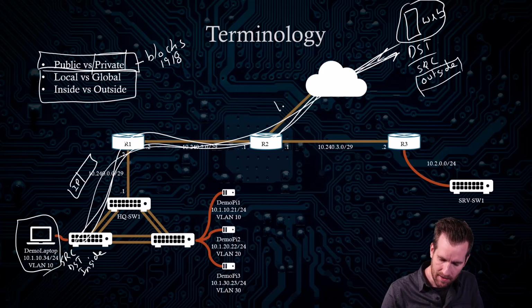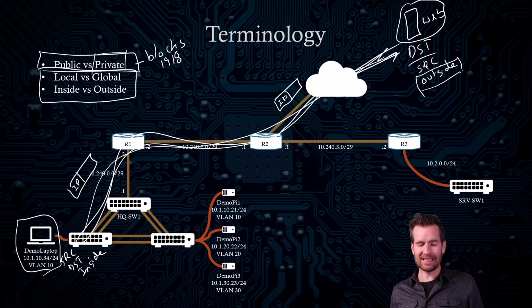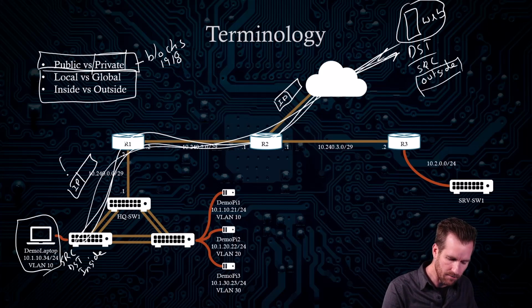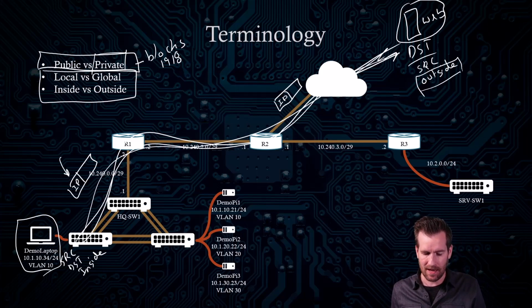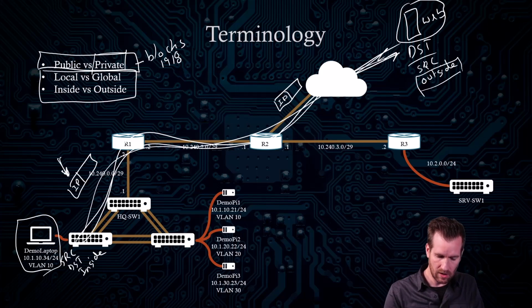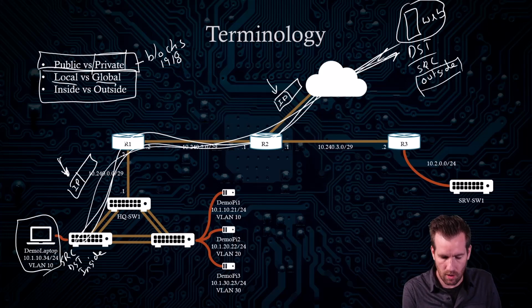And that IP header changes when it goes to the outside, all right? So what we actually needed to do is define what IP addresses we find in this IP header on the local versus the IP headers that we find on the global. So that's where local and global come in.